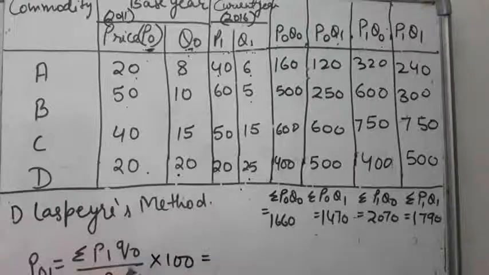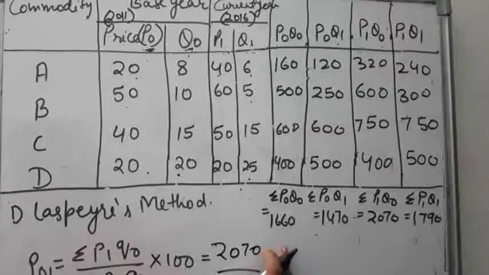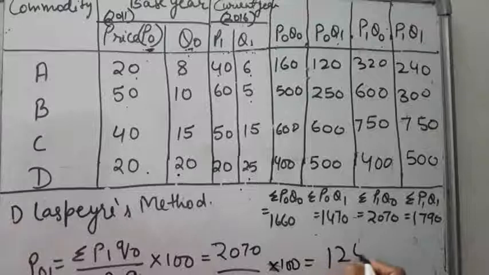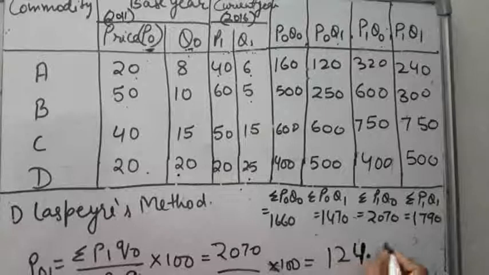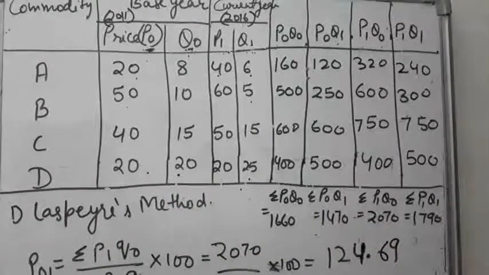So summation of P1 Q0 is 2070 and summation of P0 Q0 is 1660. When we divide and multiply by 100, we will get the answer 124.69. So this is 124.69. From the Laspeyres method, we have got the index number.